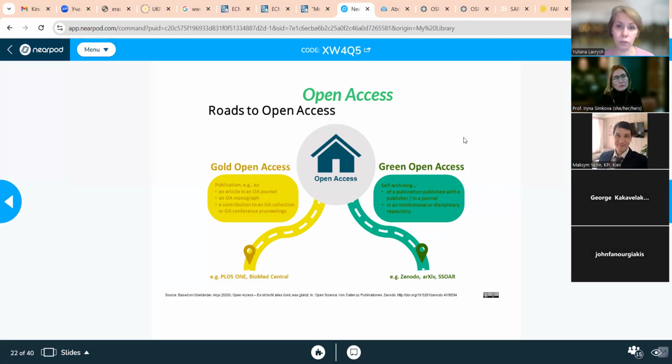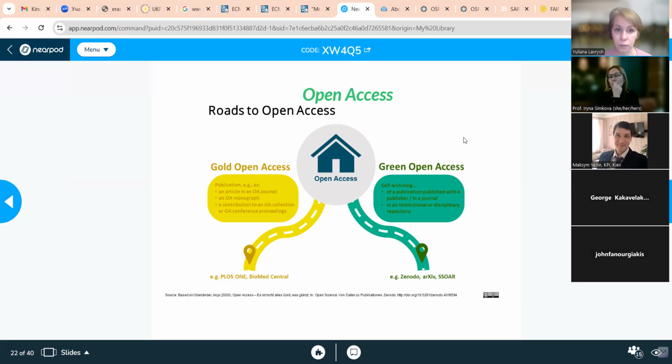If you want to get this open access and open your data or your paper for everyone through a journal or publishing, it is gold open access. It means that you publish your paper free of charge, or you pay the article processing fee, doesn't matter.